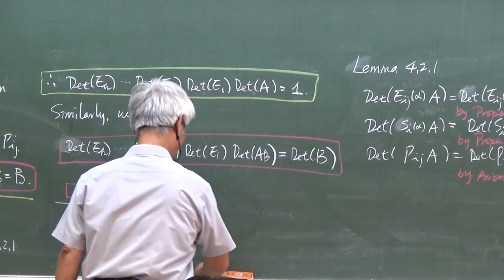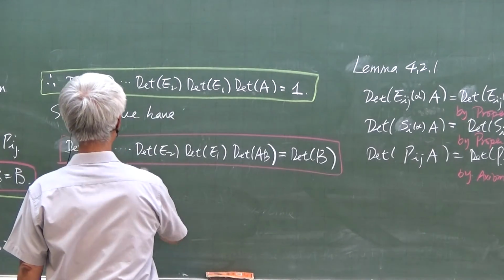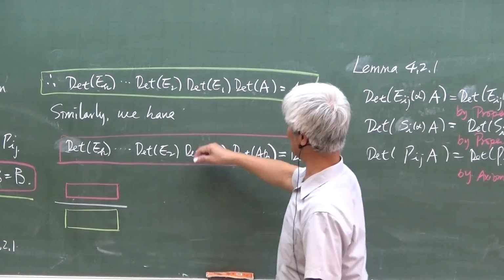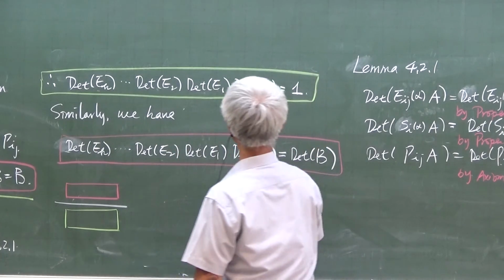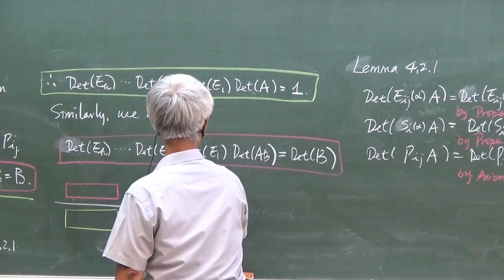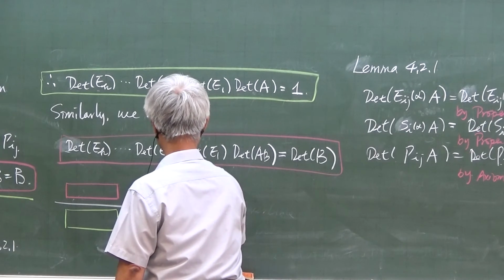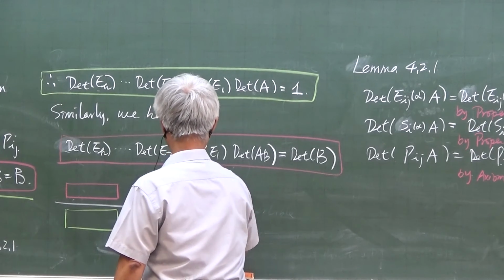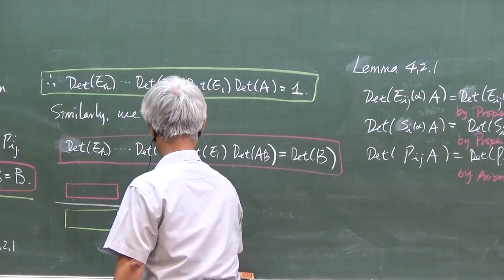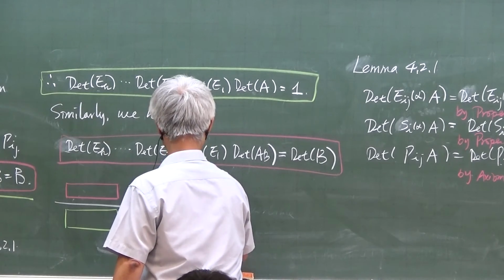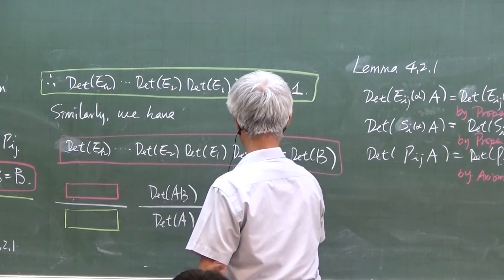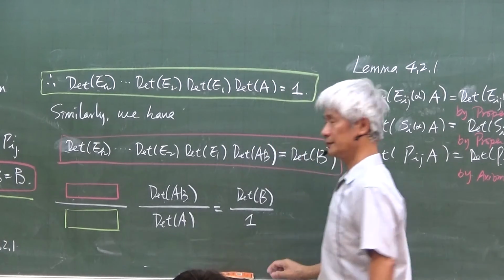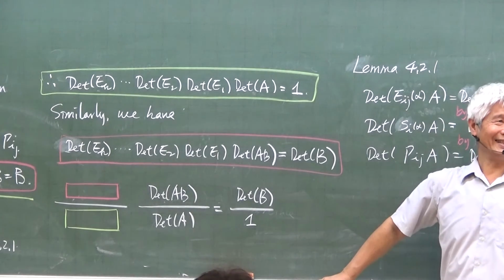Never mind. So when we do that, we can cancel common factors, right? So that we have determinant AB divided by determinant A equal to 1 here, and the determinant of B. Perfect, right?